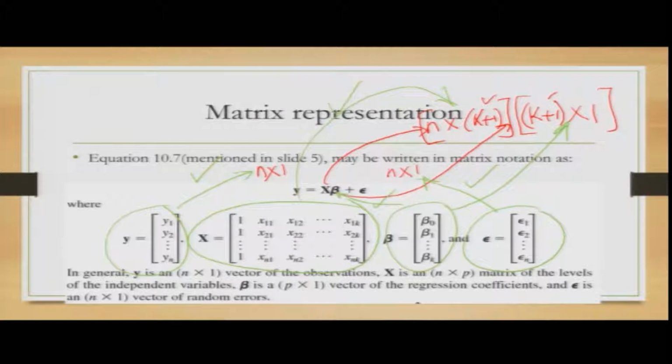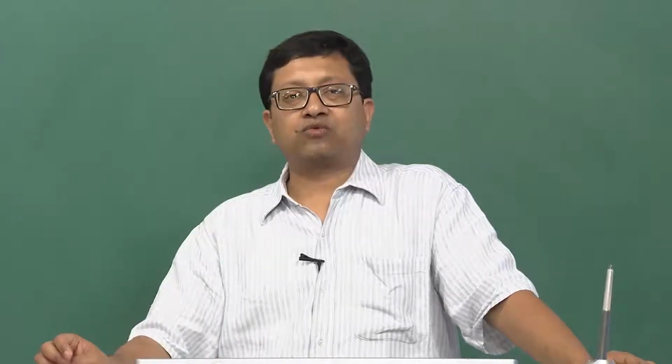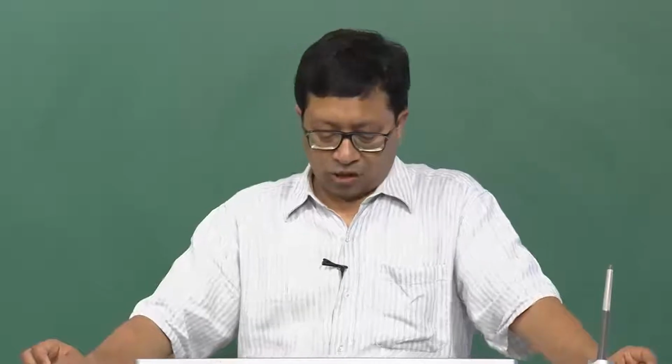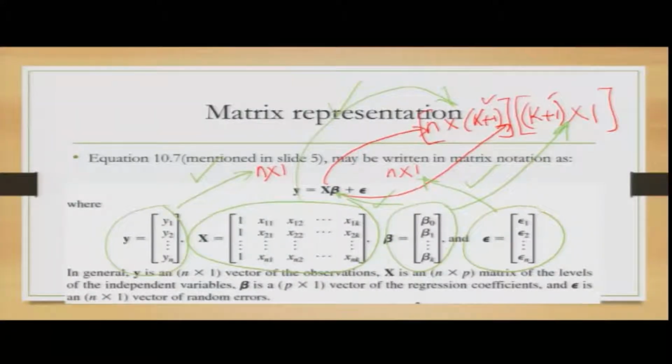So, obviously, in that case beta would be of size k cross 1 and x would be of size n cross k, because the first beta naught is not there. So, now continuing the reading. Beta is of size p cross 1, which is k plus 1 cross 1, a vector of regression coefficients, and epsilon is the error of size n cross 1, a vector of random errors, and obviously all the assumptions which we have been discussing hold.